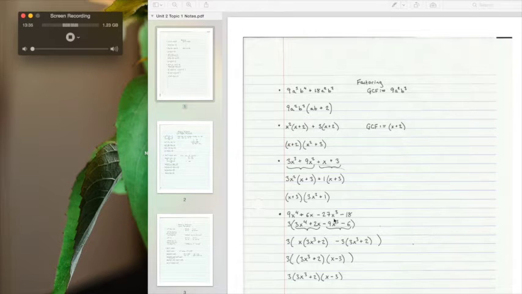Negative 27x to the 3rd divided by 3 is negative 9x to the 3, and negative 18 divided by 3 will give me negative 6. The result here is I have a factor outside, the 3, and inside here I have an expression that no longer has a common factor for all of its terms, but I do have common factors among groups of terms.